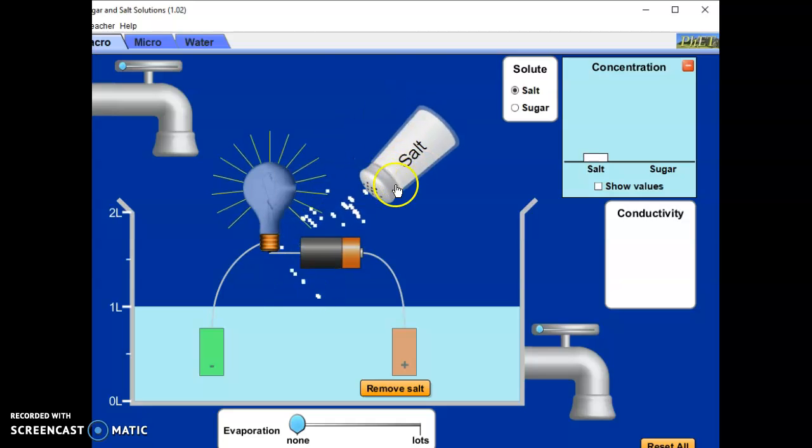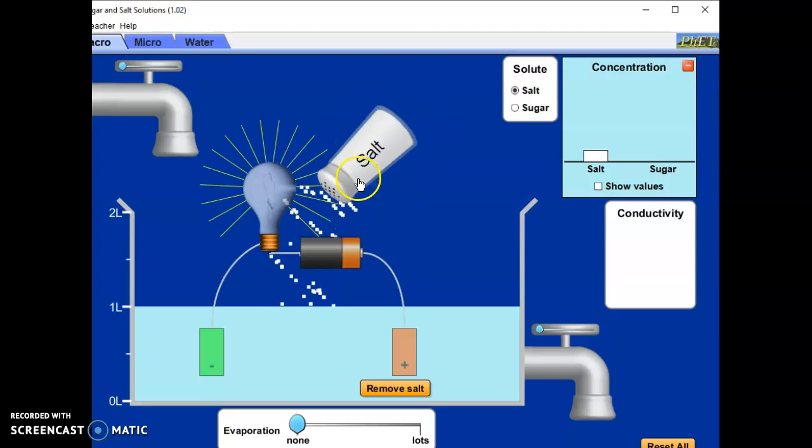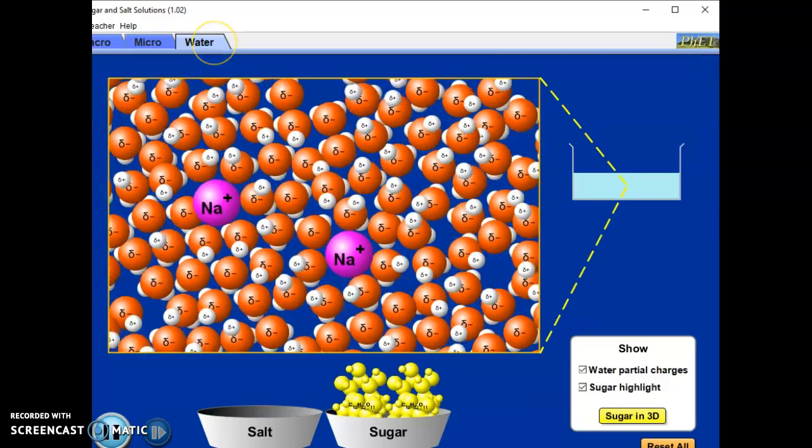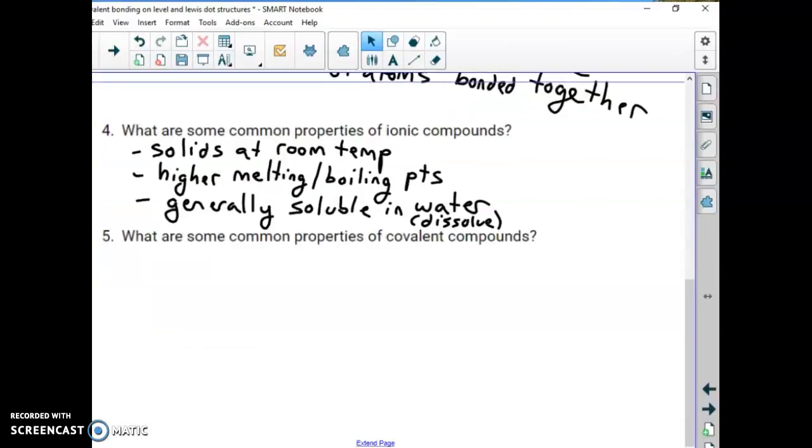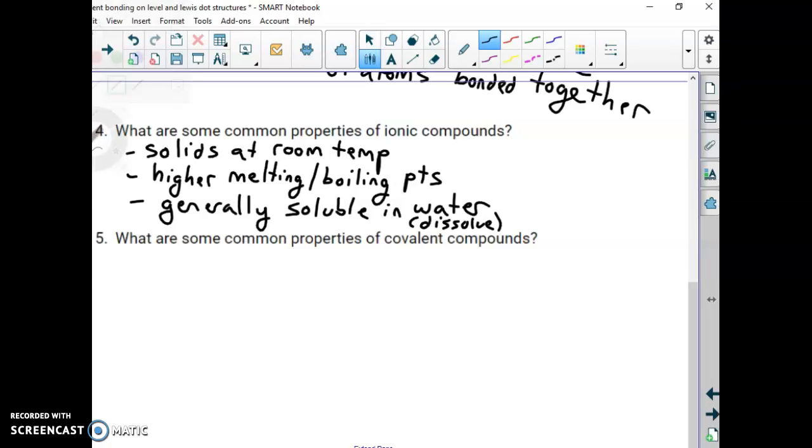So when we have ionic compounds like salt dissolved in there, we just saw it, you get those little ions, those charged particles floating around. They can conduct electricity. This is how we can tell if ions are present. So they can conduct when they're dissolved.